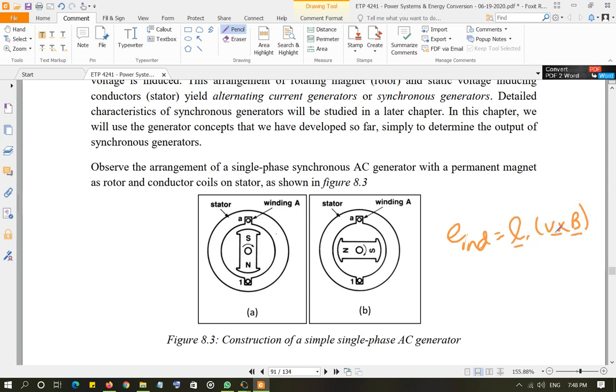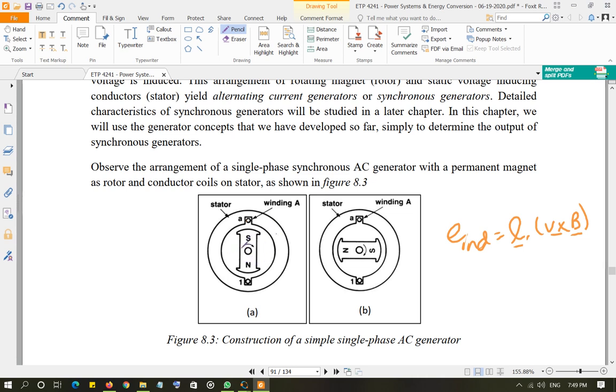In this, V was the velocity of the armature, that is the velocity of the winding. Here the windings are static and the magnet is moving. So this V will be considered as the relative velocity over here. That is the velocity of the winding with respect to the magnet, and the direction will also be with respect to the magnet.